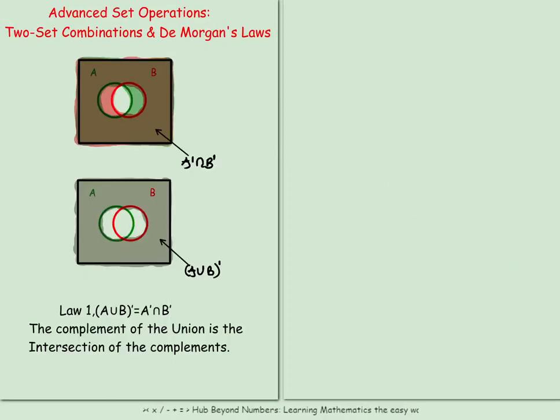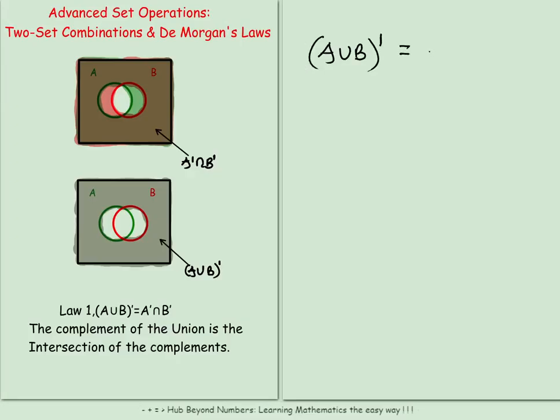So what De Morgan's first law says is that if we have (A union B) complement, it is equal to A prime intersection B prime, as our Venn diagrams have shown over here. So in words, it says the complement of the union is the intersection of the complements.